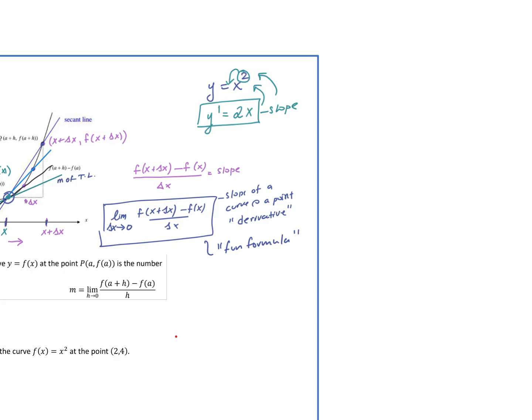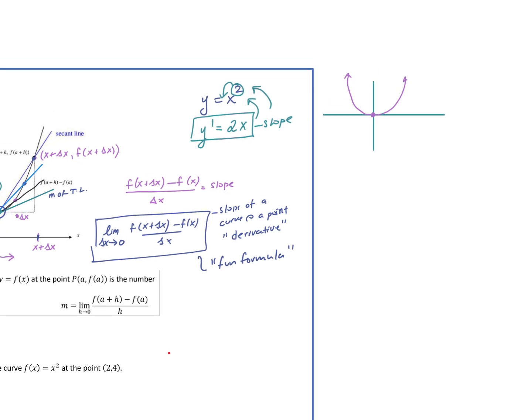So let me make the graph here real quick. And you say, well, why does it have a 2x in it? Well, we know that this is a parabola. And if I ask you for the slope, it depends where you are on the curve, right? So if you're over here, and I drew a tangent line, remember the tangent line?